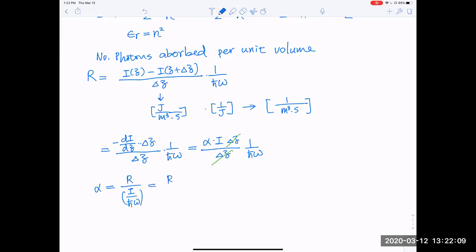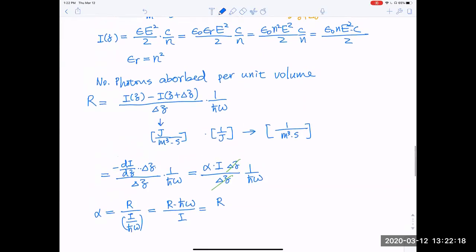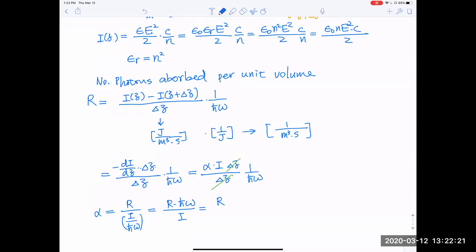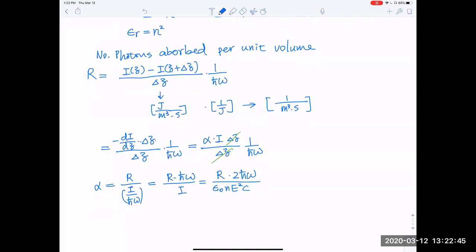Okay, or R times h bar omega divided by I. And this is R divided by I, which is epsilon 0 n e square c over 2, let's move the 2 over here. Okay, so this is the expression for alpha. So it's basically proportional to R, but we normalize it to the incoming intensity.